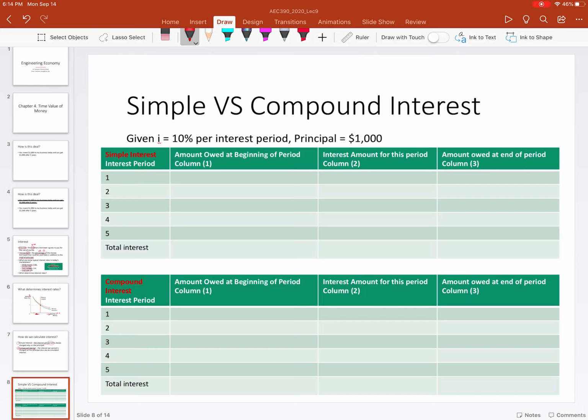Here we have two tables to calculate the interest and how much you owe to the bank. The condition is that the interest rate is 10%. We use I as the symbol for interest rate, okay?